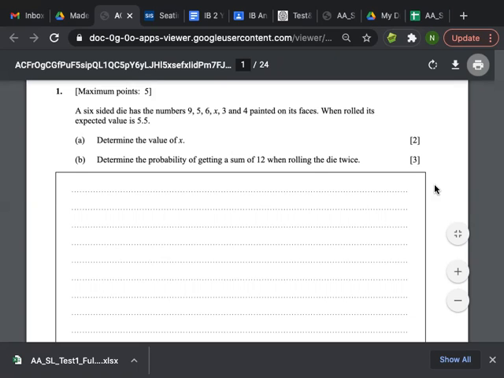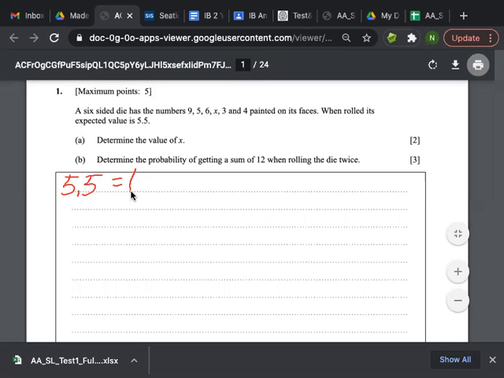So in this case, we know our expected value is 5.5. And we know that it's going to be equal to all of these things added together. Or, sorry, let me rephrase. What's the probability of rolling any side of a die? 1/6.